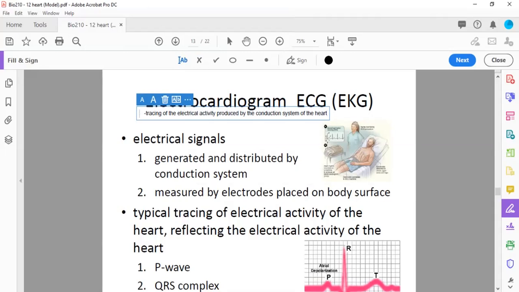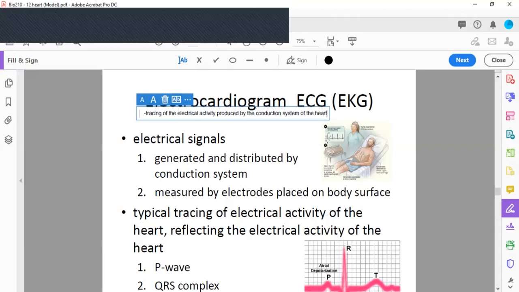The electrical signals are produced and distributed by the conduction system, and they're measured by electrodes placed on the body surface. If you look at the top image, you can see the electrodes are placed on the body surface, and these electrodes will collect all these electrical signals from the patient, and the machine will gather all the signals and produce a tracing, which represents what's called the EKG.